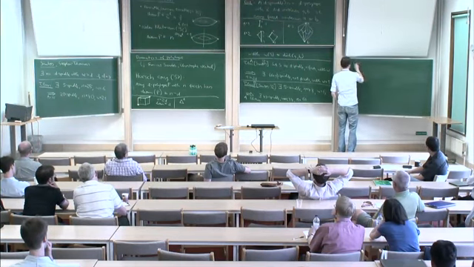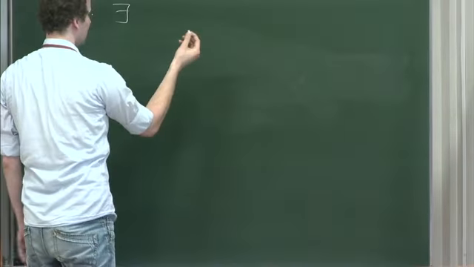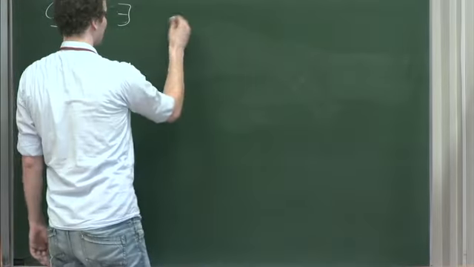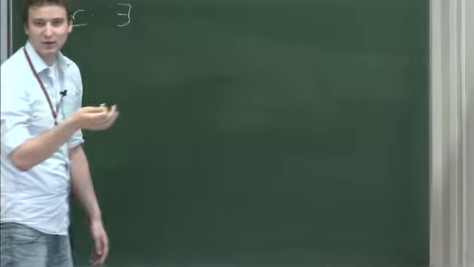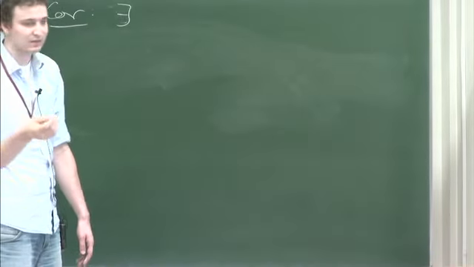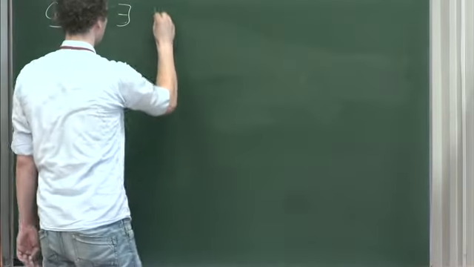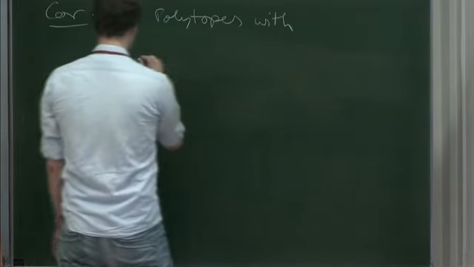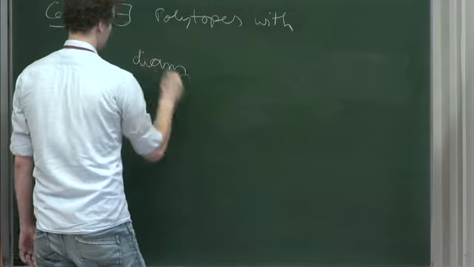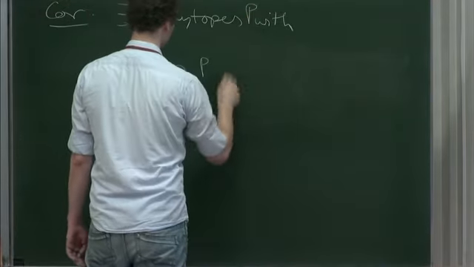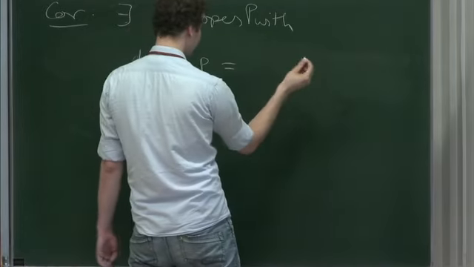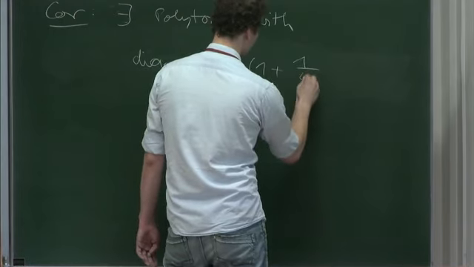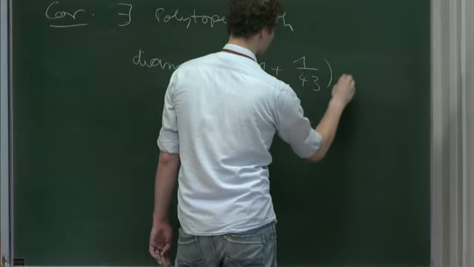There exist polytopes with dimension d, n facets, and width w, where the diameter is, say this polytope P, where the diameter is 1 plus 1 over 43 times n.